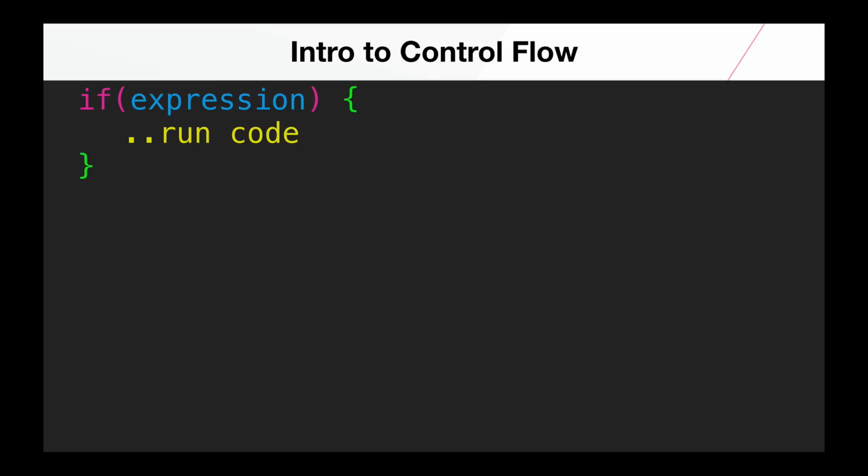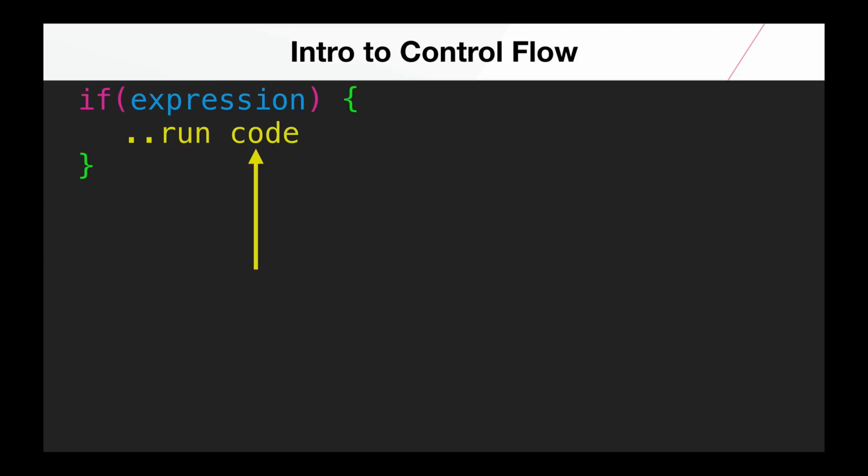So an if statement is made up of a few parts here. First, we have the if. Obviously, we're telling the computer if this expression is true. If this is true, whatever, we'll get into it later, how we can make this true or false, etc. If this is true, then run the code in between these two brackets. All right.